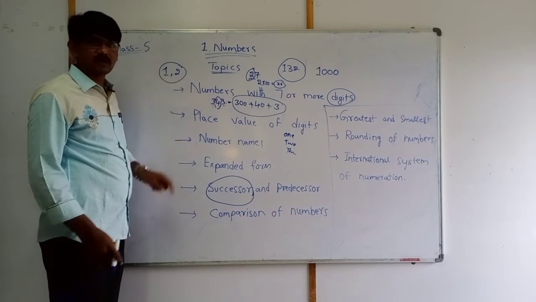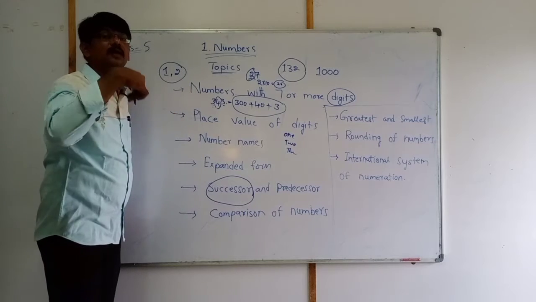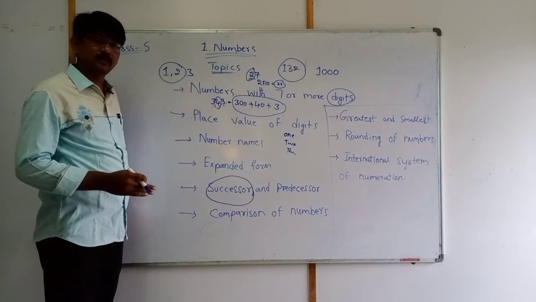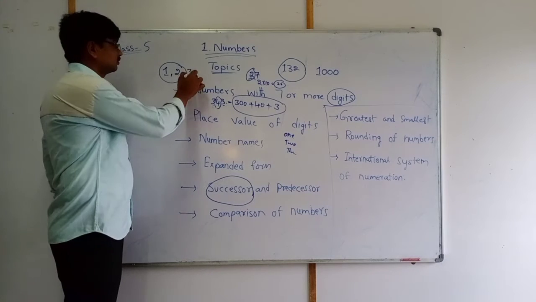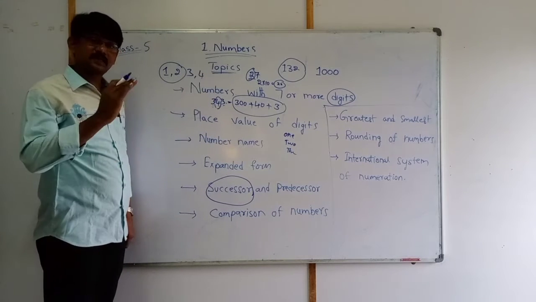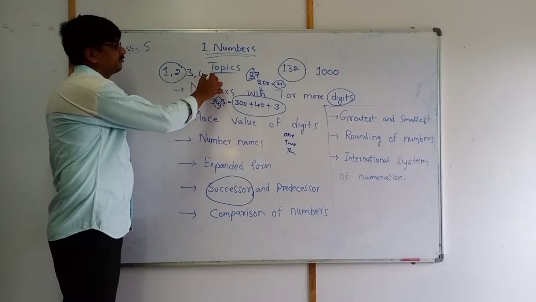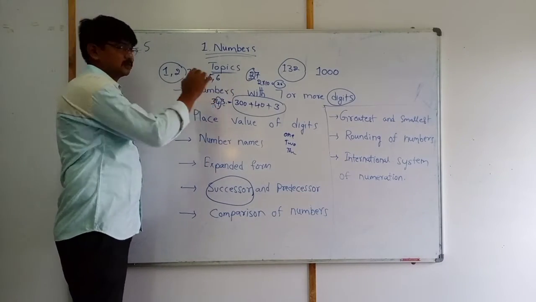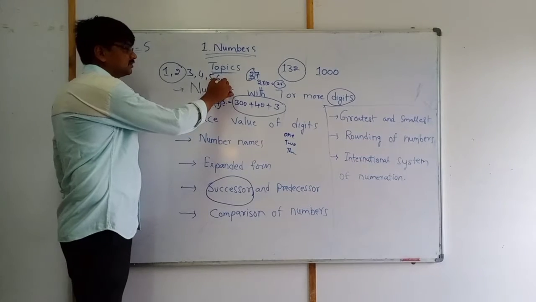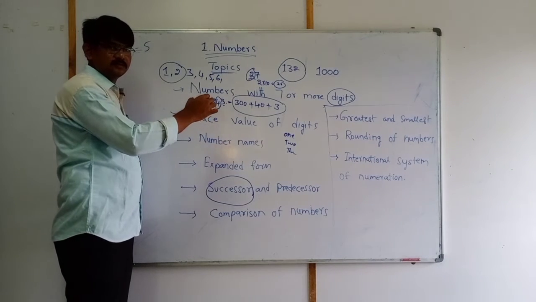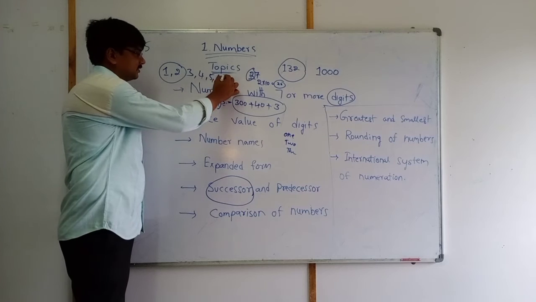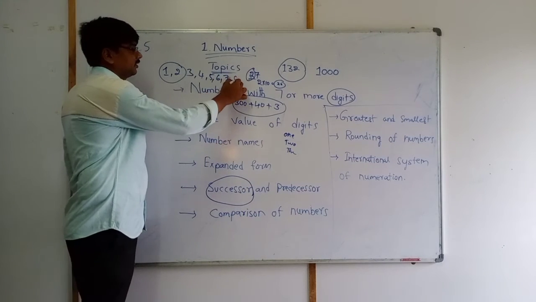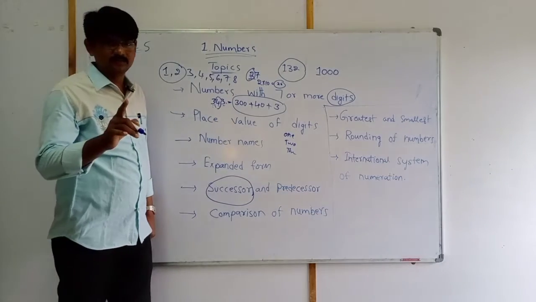What is the successor of 2? 3. Of 3? 4. Of 4? 5. Of 5? 6. Of 6? 7. Of 7? 8. Okay, got it? Good.